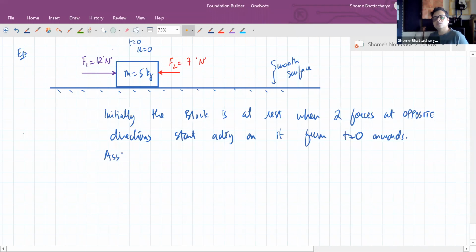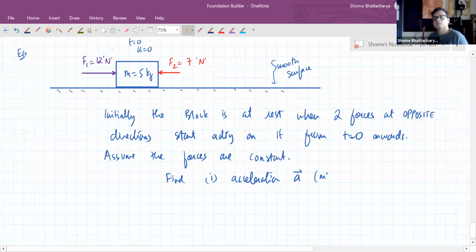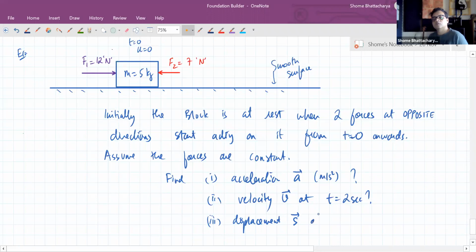Assume the forces are constant. So find the acceleration of the block in meters per second square, the velocity of the block at 2 seconds, the displacement of the block after 5 seconds.